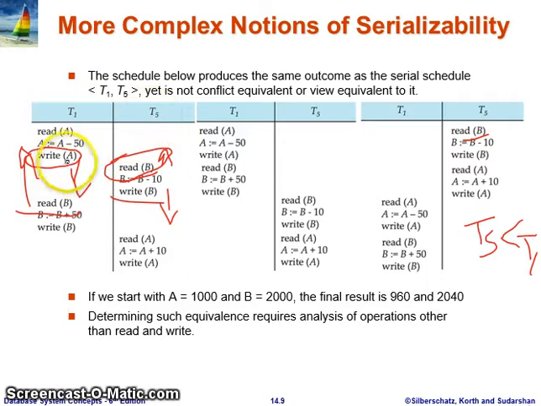Do they operate on the same data item? Here they are operating on different data items, so this is not a conflict operation, so we can move read up and write down. Now check the conflict of this operation and this operation. Again not a conflict operation, so we can move this up and this down.